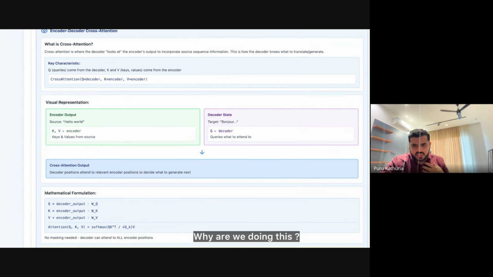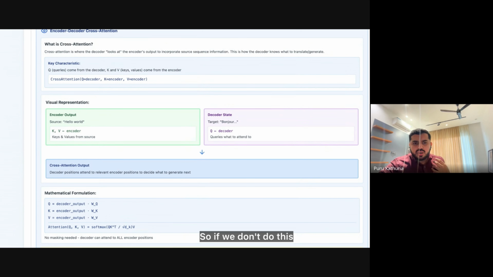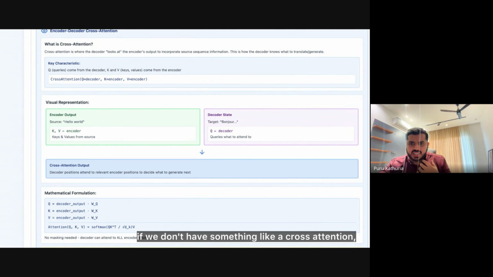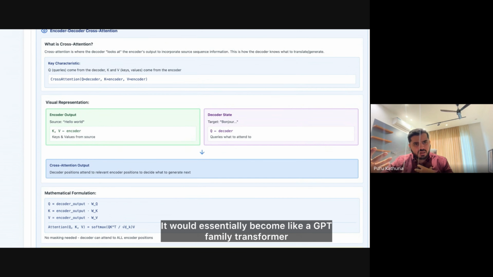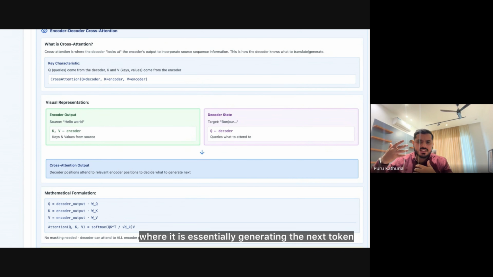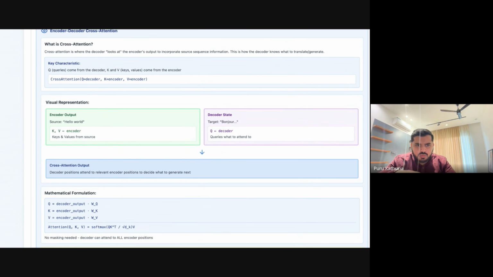Now, why are we doing this, right? Why do we need to do this particular thing? If we don't have something like cross attention, the decoder would be blind to the source sentence. The decoder might not be able to see the source sentence. It would essentially become like a GPT family transformer, generating the next token and hallucinating text based on what it has already generated, with no reference to the input that you want to translate or summarize, right?